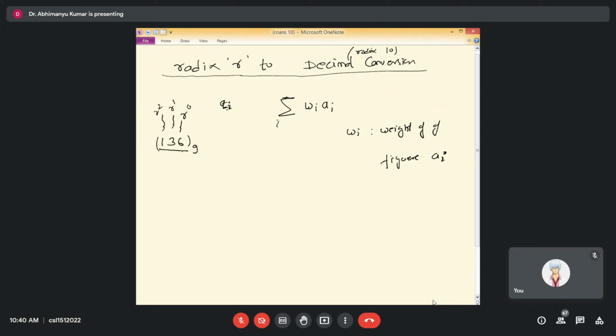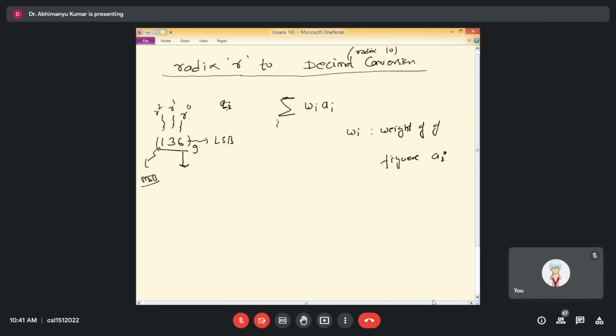In any system, the individual digits have their weight. So in this system, 6 has a weight, since 6 is positioned on the right hand side, the rightmost side. This is called the least significant digit, LSB, and this is called the most significant digit, or most significant bit, MSB, right? So what is the least significant digit here?